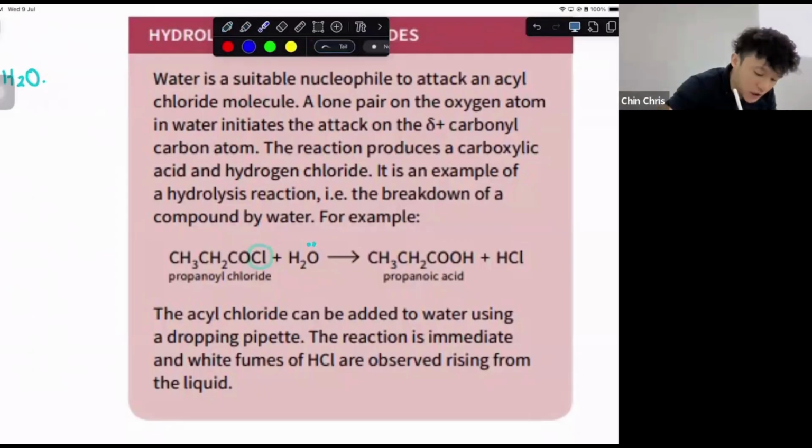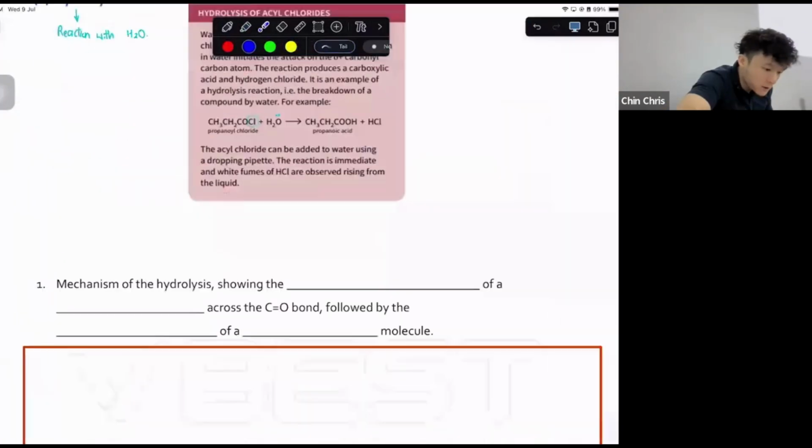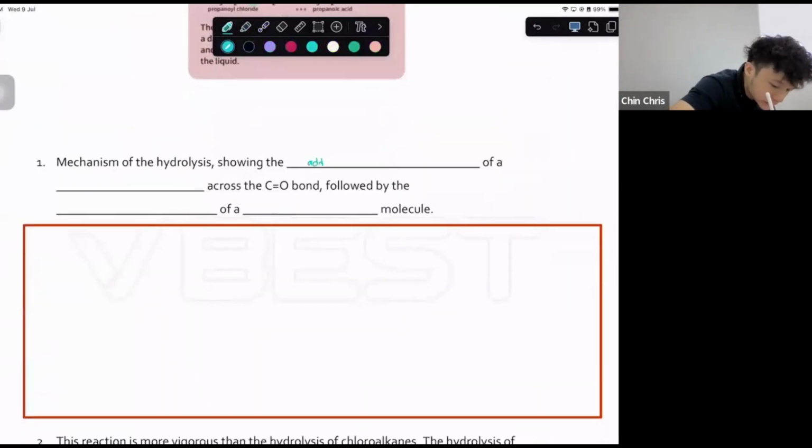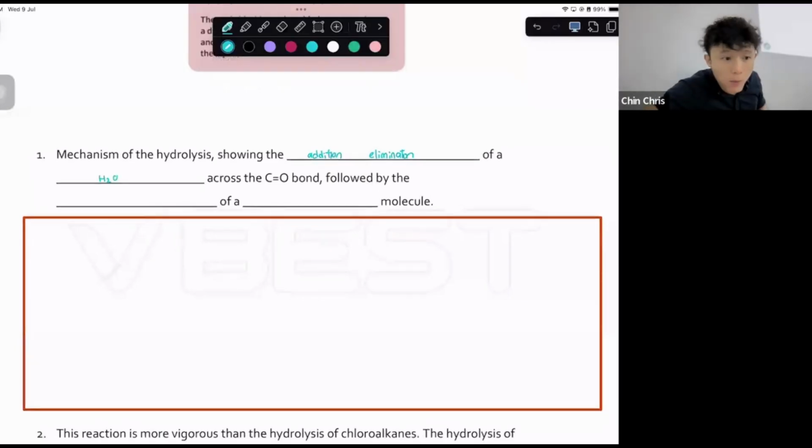Eventually the Cl combines with H, forming HCl. This type of reaction we call addition elimination. Remember, any acyl chloride reaction is always addition elimination. It shows the addition of H2O across the C double bond O, and after that you eliminate an HCl molecule. That's it.